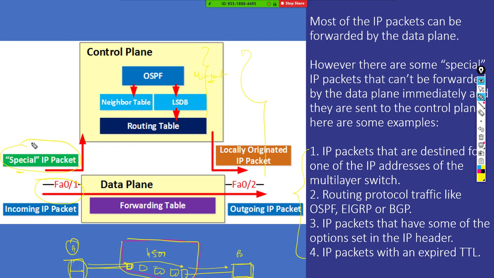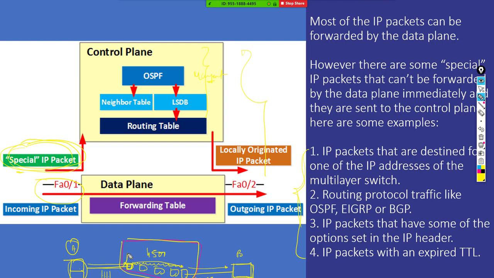But with some special packet services, or when special IP packets are recognized, one of the factors is if both of them lie on the same device. Let's say I have 1.1.1 here, and 2.2.2 over here. Now they are on the same device, right? In this case, our data plane will not help us.